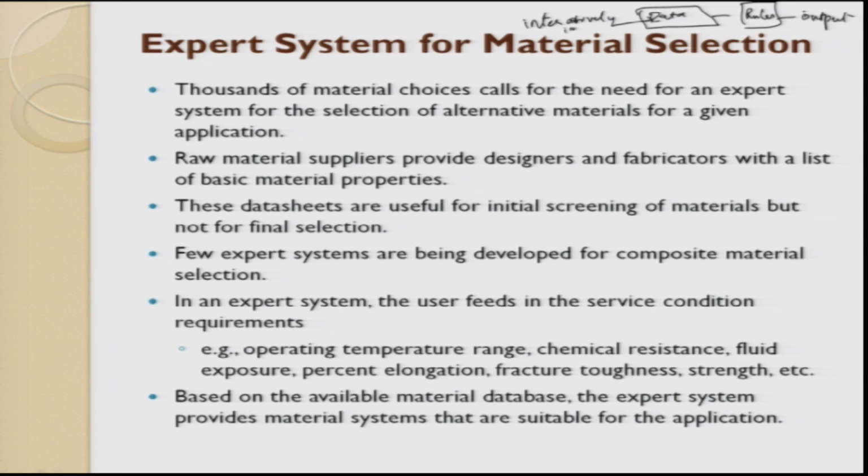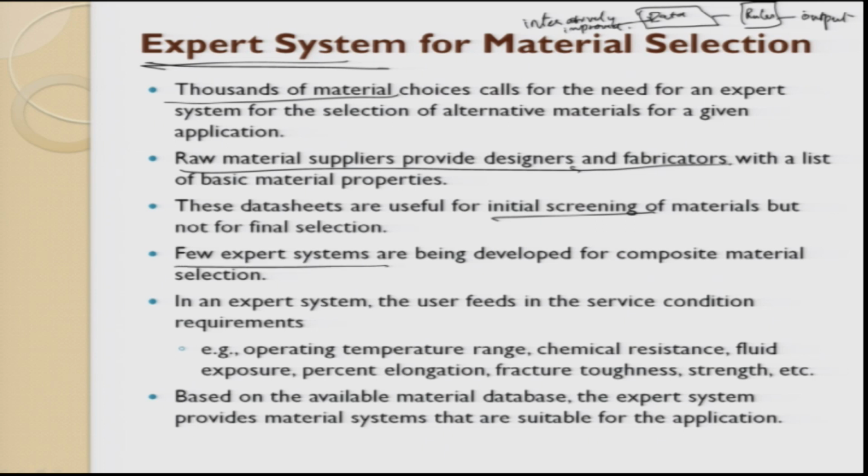So people have started building expert systems. The expert system is used for material selection. In an expert system you will have thousands of materials available. The raw material supplier provides the designer and the fabricator whatever information they want, and initial screening of the material can be done very fast. There are only a few expert systems available.